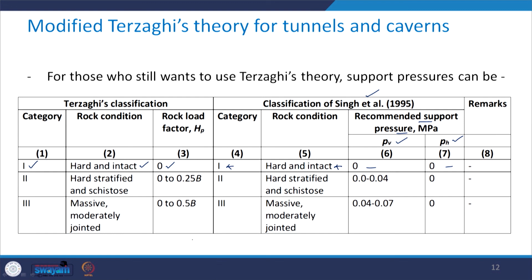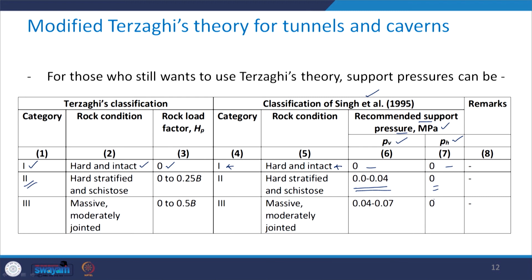If you have the second rock class category, then the recommended support pressure in the vertical direction varies between 0 to 0.04 megapascal, and the horizontal one is 0.